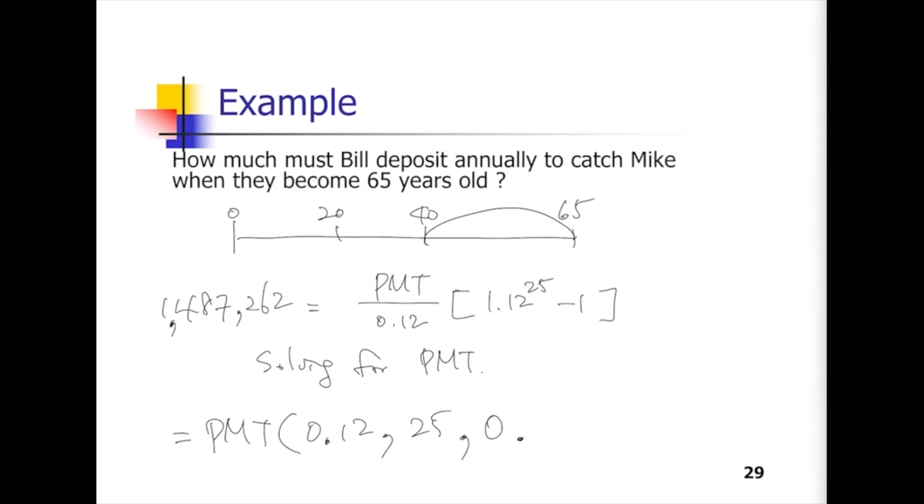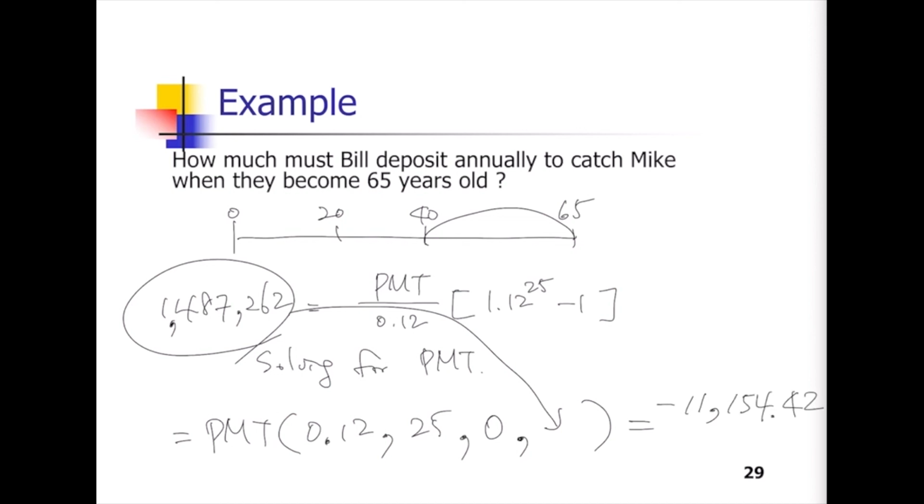He doesn't have money now, but he wants to catch up with Mike's money, so that is the FV here. And then you get the number, minus 11154.42. Yeah, he saves this amount of money annually. He can catch up with Mike when he becomes 65 years old. That is the answer to this question.